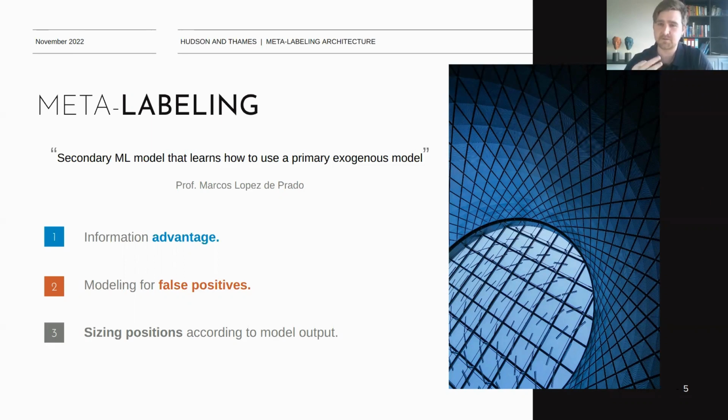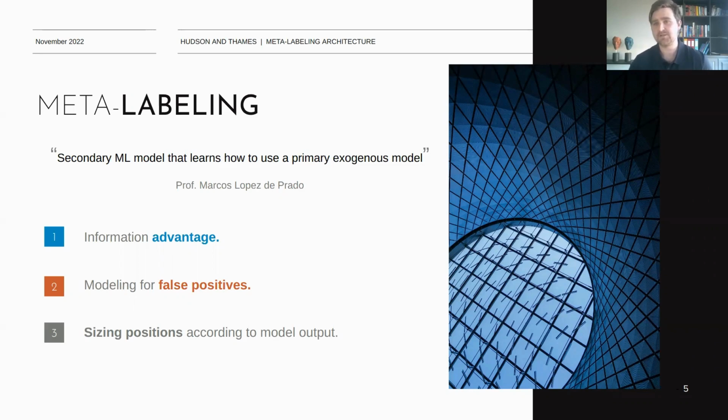So it takes in the three previous days' returns, and the primary model only used the previous day's return to indicate whether you should go long or short. Then the secondary model incorporated the previous three days' returns, so it was better able to utilize that information. The way you can check if there's an information advantage is simply to build a machine learning model and see if it outperforms your primary model.